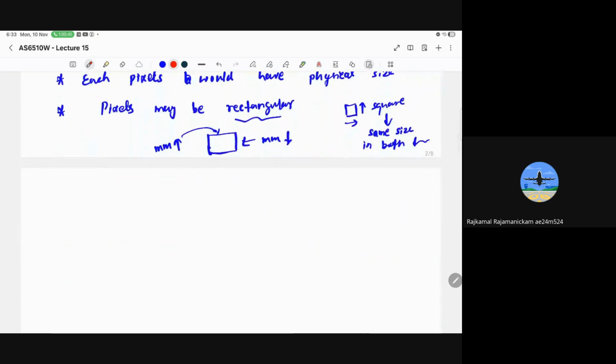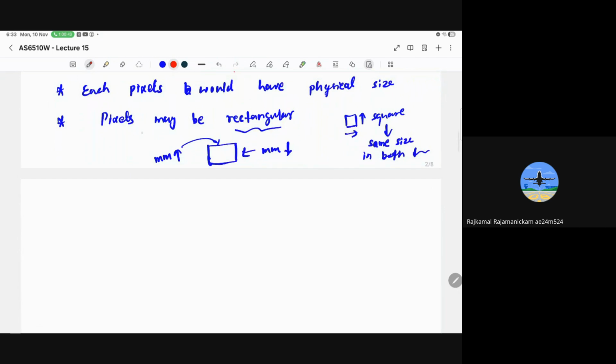So if the pixel is of rectangular form, this will create different pixel densities in the digital image.